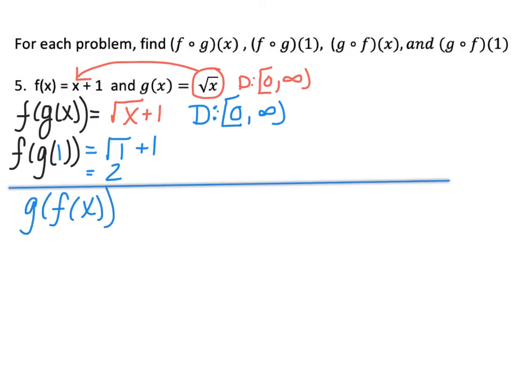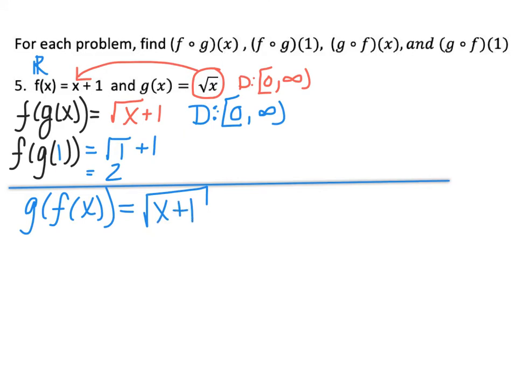So we're going to find g of f of x, and I'm going to consider the domain of f of x. So back here at the original, this is linear, so its domain would be all real numbers or negative infinity to positive infinity. All right, so I'm going to plug in f of x into g of x, which is going to produce the square root of x plus 1.